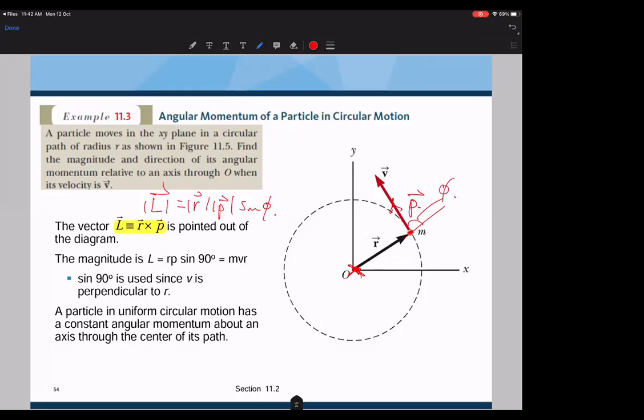Of course, in this particular example, the two vectors are perpendicular. So the angular momentum is just R times P, or MVR. And this is the case for a particle moving about a certain axis, and you could calculate the angular momentum in this way.